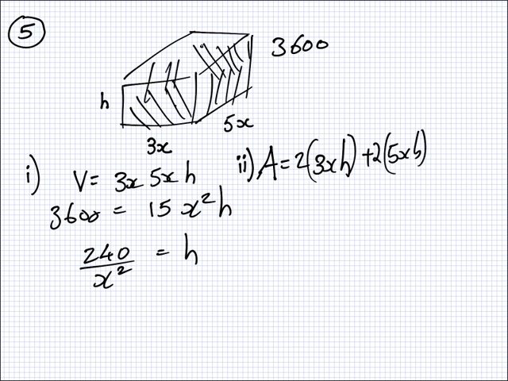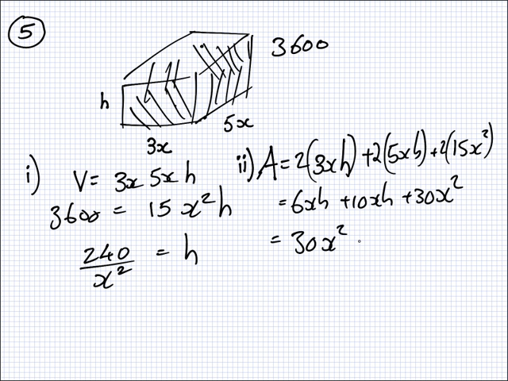And then you have the top and the bottom. And that's 3x by 5x, so that's 15x squared. And once again, 2 of them. So that's 6xh plus 10xh plus 30x squared. So that's 30x squared plus 16xh.